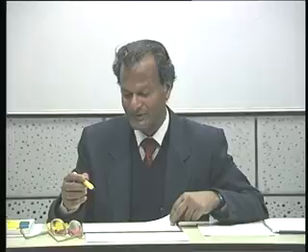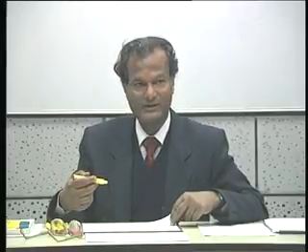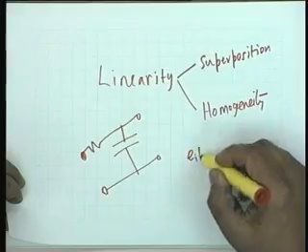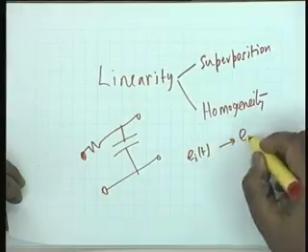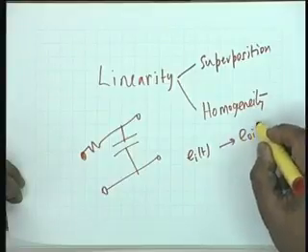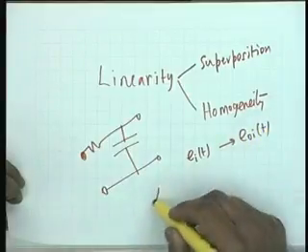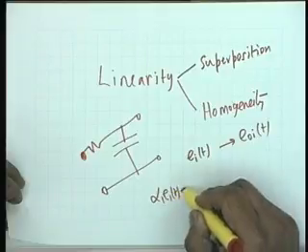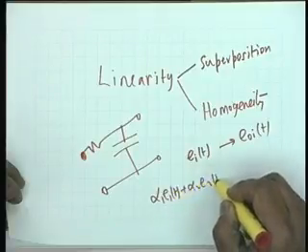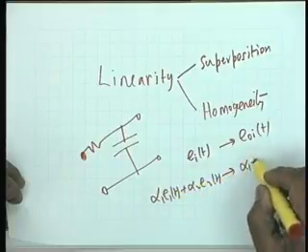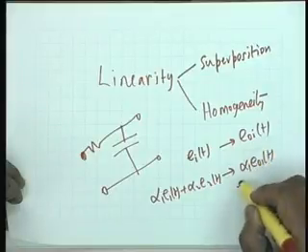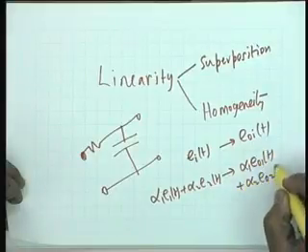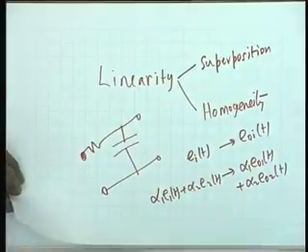Superposition and homogeneity both are included in this type of a description, that is, if E_i(t) leads to E_0i(t), then alpha 1 E1(t) plus alpha 2 E2(t) should lead to alpha 1 E01(t) plus alpha 2 E02(t).